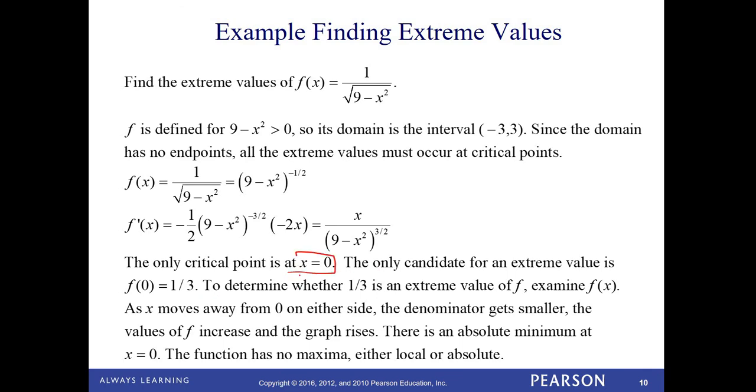Now, why is our critical point at x equals 0? Remember, when you look at this function, a square root function in a denominator, that's going to cause a cusp. So we go ahead and put in 0, the denominator gets smaller, and then the function rises. So there's an absolute minimum at 0. The function has no maxima. We'll look at that a little bit closer together, and that's it.